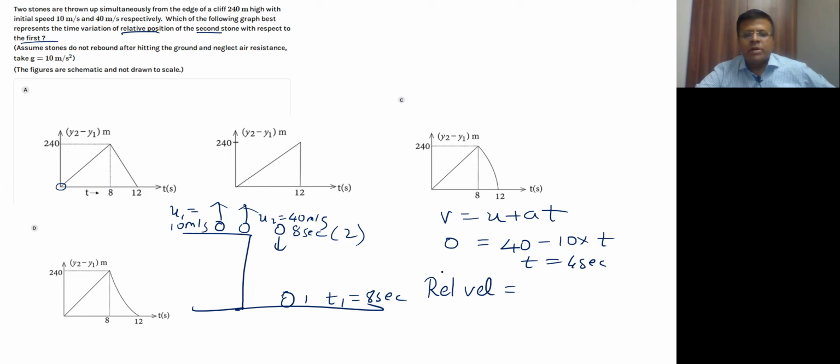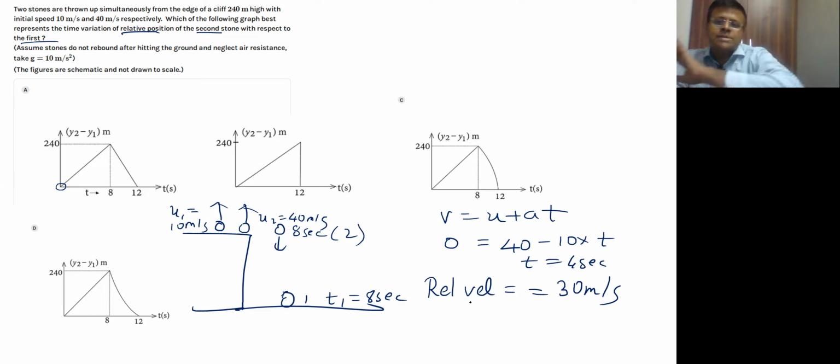Okay, so relative velocity is going to be 40 minus 10, that is 30 meter per second. That is going to be the relative velocity of ball 2 with respect to ball 1. During this entire time, this relative velocity will not be changing. So I will write this value.